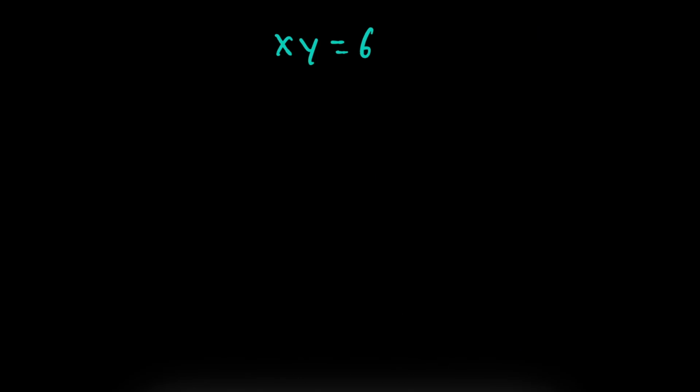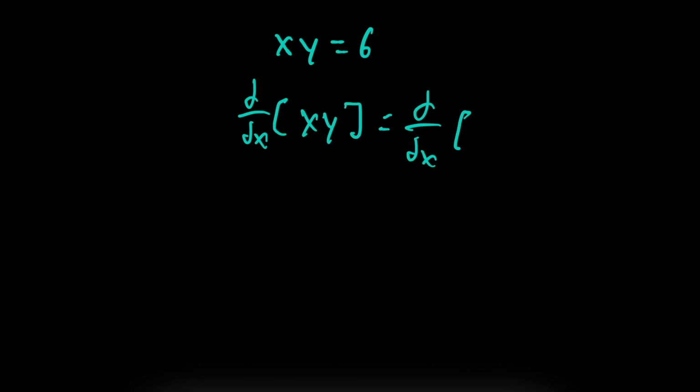All right, let's try and take the derivative where x and y are being multiplied by each other. So if we were to take the derivative of the left side, x times y is equal to the derivative of 6. For the derivative of x times y, we would use the product rule.